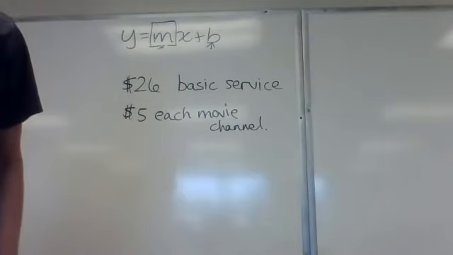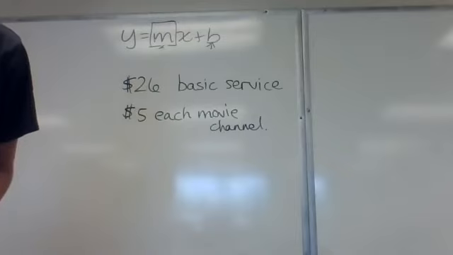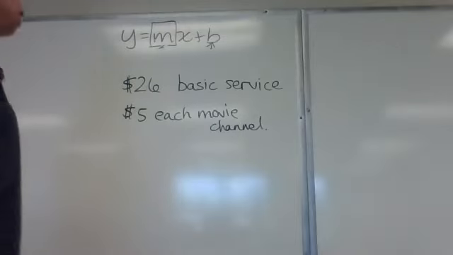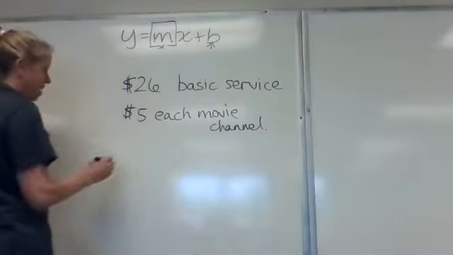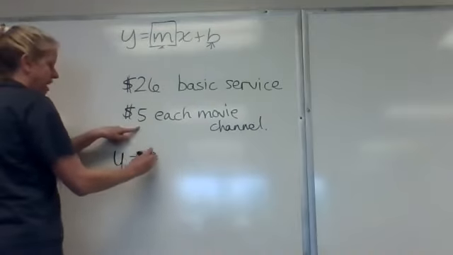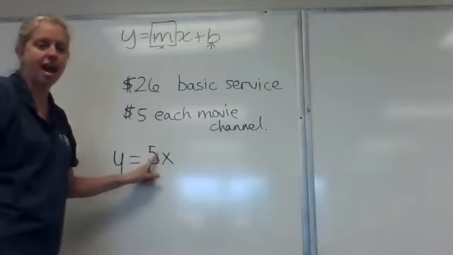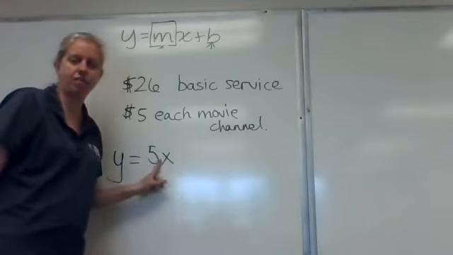Okay? What it wants to know is what is the fixed cost. It actually says let Y be the total cost in dollars of subscribing to cable TV using X movie channels. So if I wrote this out, I would have Y equals 5 times this X, which is however many movie channels you have, right?